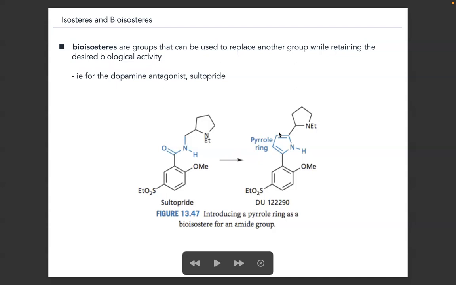And we'll talk later about how to get you ready for questions related to bioisosteres, but it's a really neat concept. You can completely change the functional group and still end up with similar bioactivity.